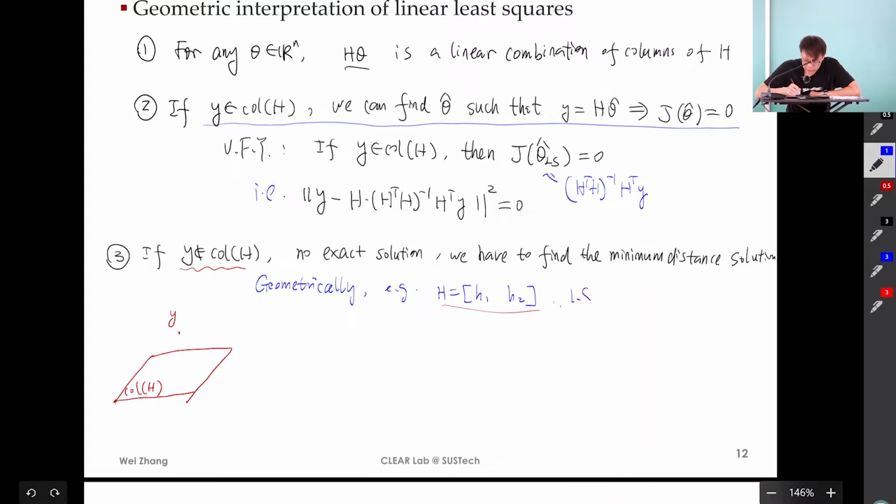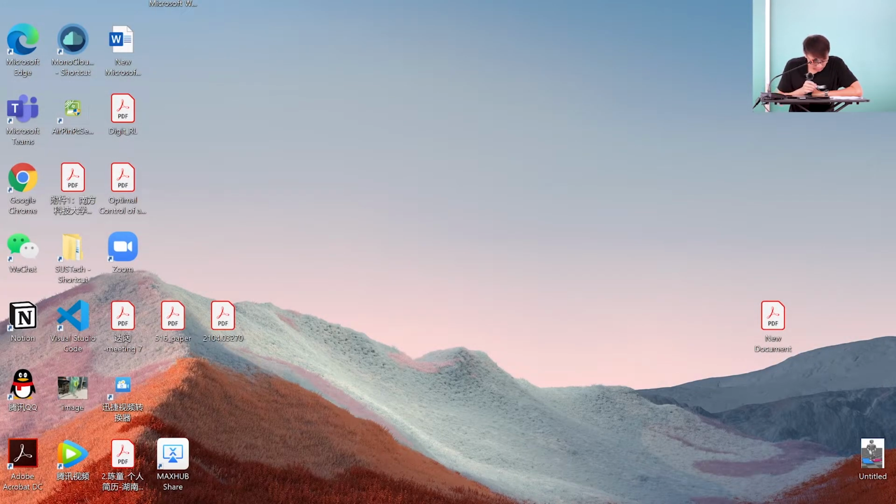Let me write: the least square solution tries to find the theta hat to minimize y minus H theta.